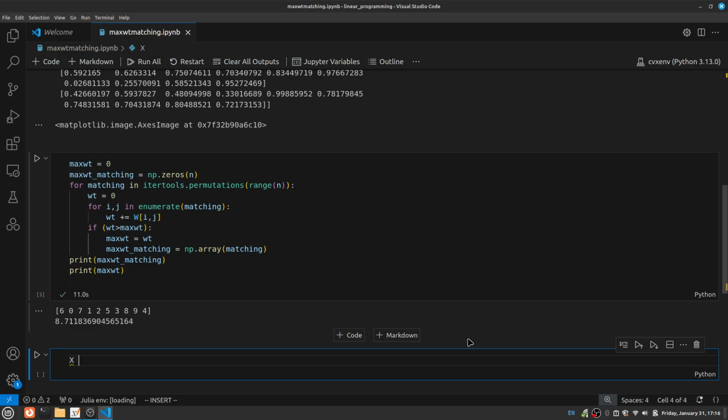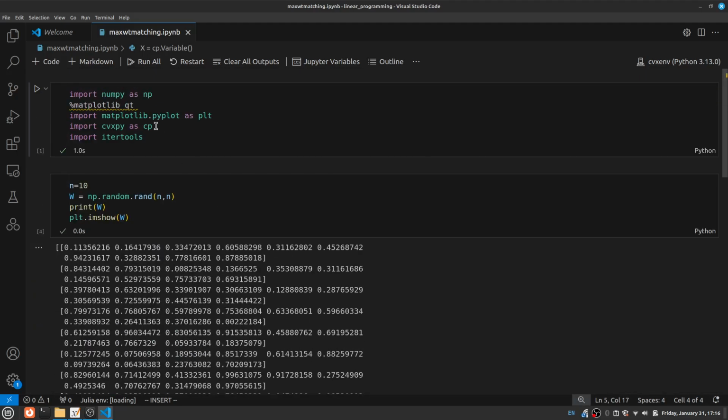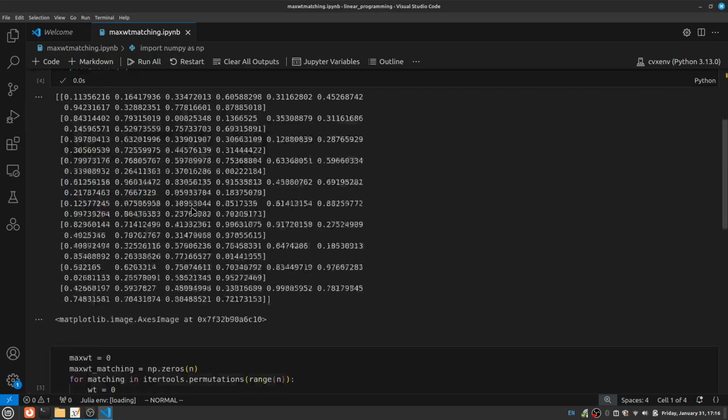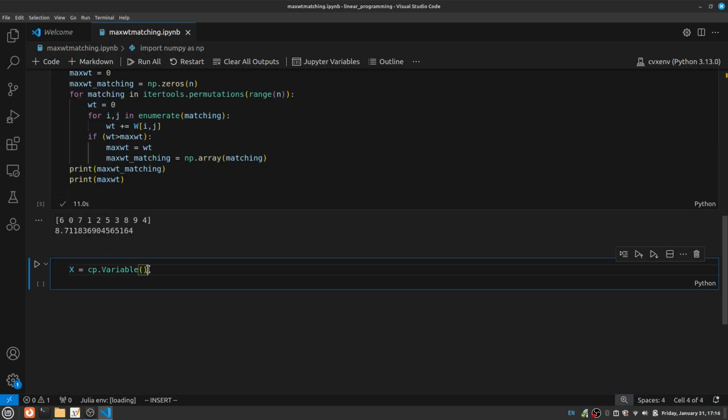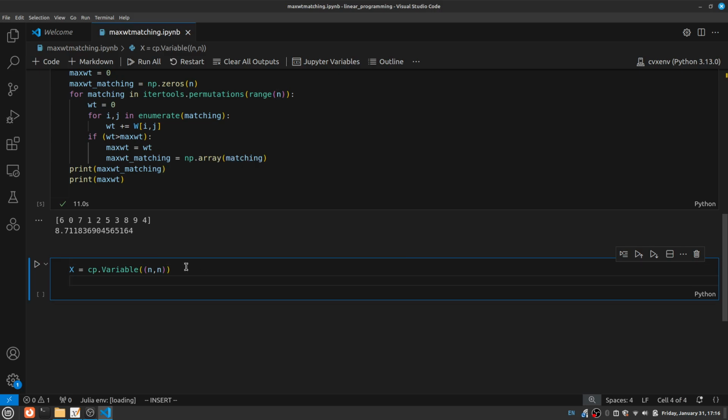So I'll first define my variable, and you'll see that it's very natural. To define a variable, I just use CVXPy. I've imported CVXPy as cp. So cp.Variable, I want an n by n matrix, so it's just going to be n comma n. Now I'll define the constraints.